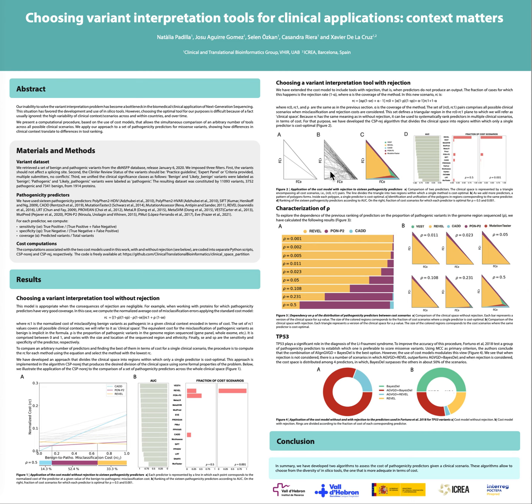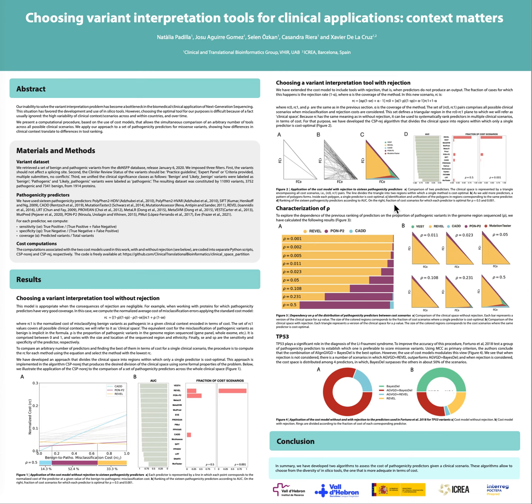After the merging of polygons with the same optimal predictor, we can find these large colored regions, where a predictor is cost-optimal. Finally, we can compare the fraction of these cost scenarios where a predictor is optimal, and the ranking of these predictors by the area under the curve.